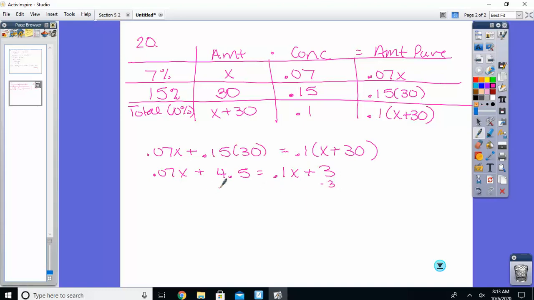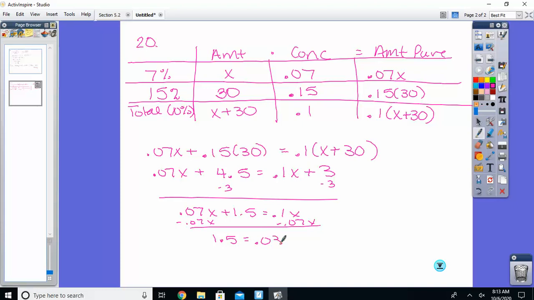I'm going to subtract over my 3. Subtract over my 0.07x. Divide by your 0.03 and you get 50. So then you always have to go back and answer the question that was asked. It said how many pounds of the hamburger that is 7% fat. If I look, x is the amount of the 7%.